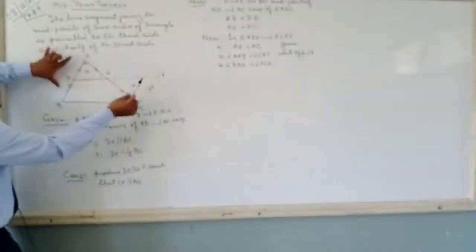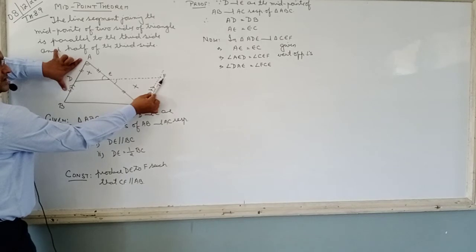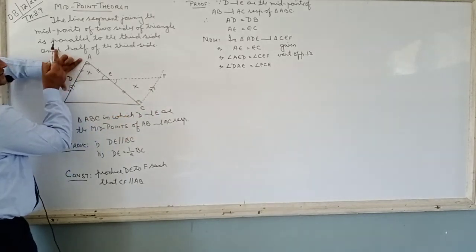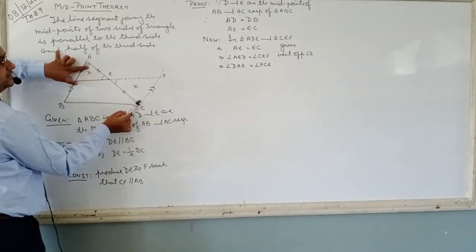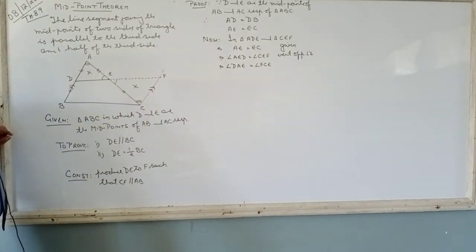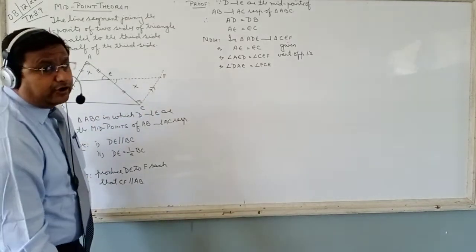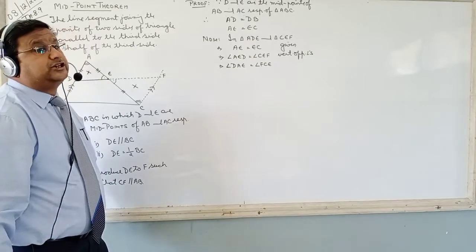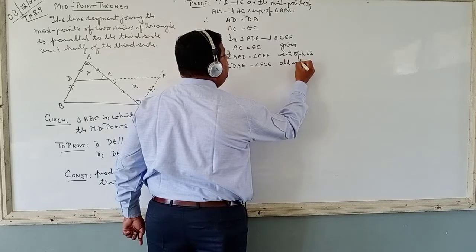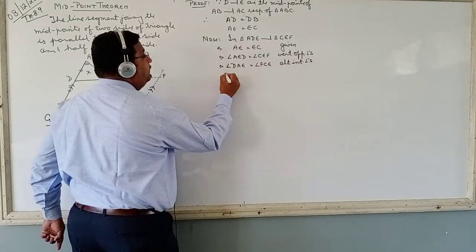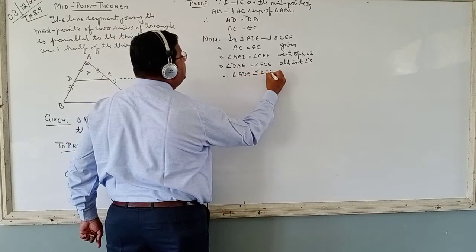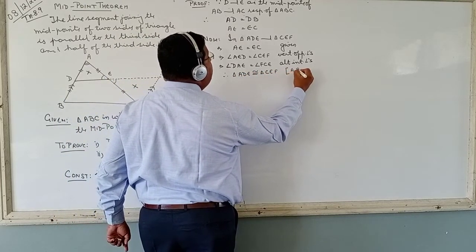Reason: these two are parallel lines and this is a transversal. AC is a transversal. So angles on either side of a transversal between two parallel lines are equal. Alternate interior angles, page number 100 of your NCERT textbook, theorem number 6.2.